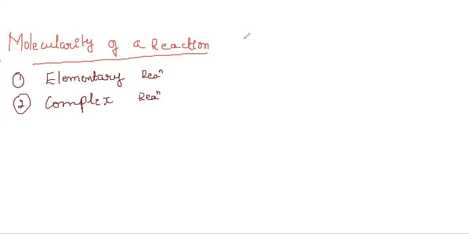So here, elementary reaction. What do you mean by elementary reaction? These elementary reactions take place in only one step. So these are the reactions which take place in only one step, in which reactants are directly converted into products.